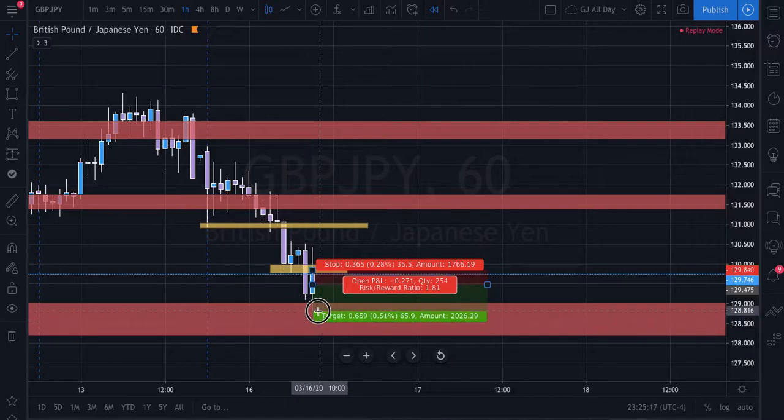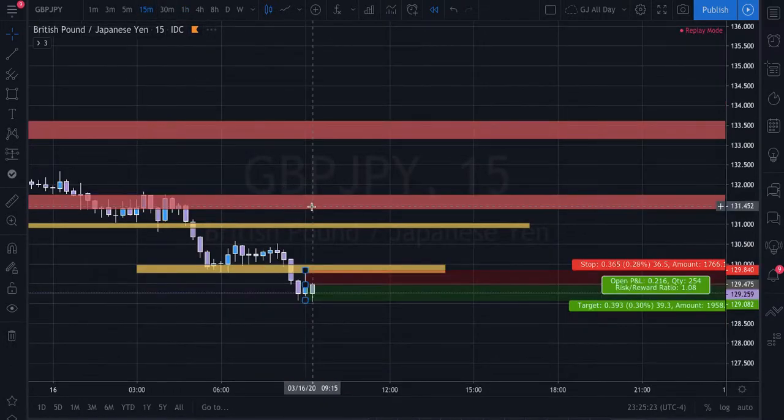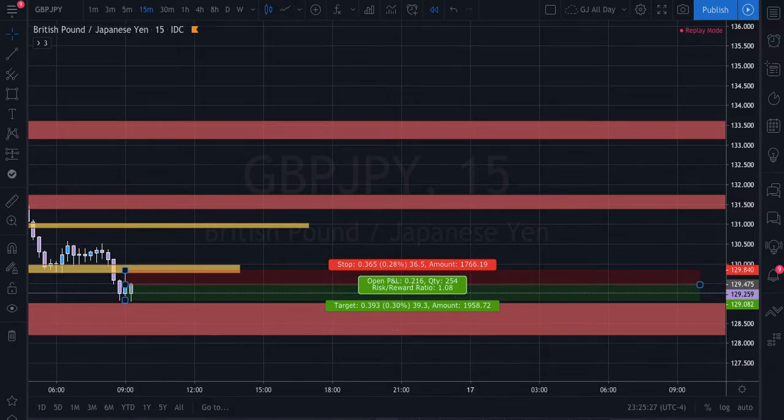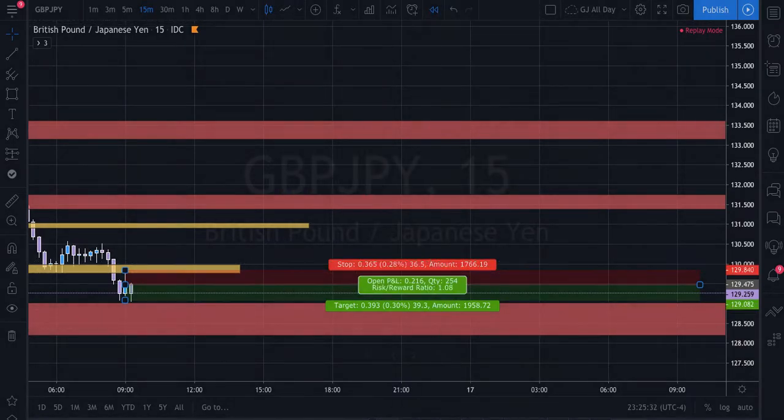So this basically hit this range. I would have been looking for a wick fill. I don't think we can see it. Let's see if I can take this back.